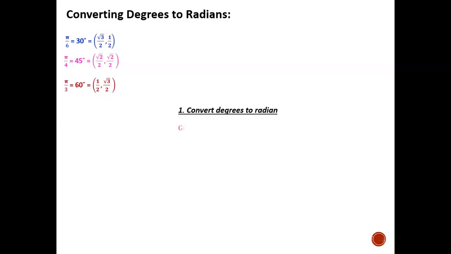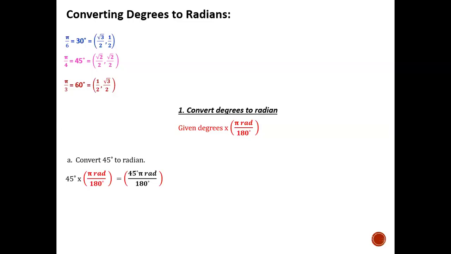Convert degrees to radians. So to convert any angle that's in degrees into radian form, you're going to multiply the angle by pi radians divided by 180. Okay, so let's go ahead and do an example converting 45 degrees into radians. So I am going to multiply 45 degrees by pi radians divided by 180.